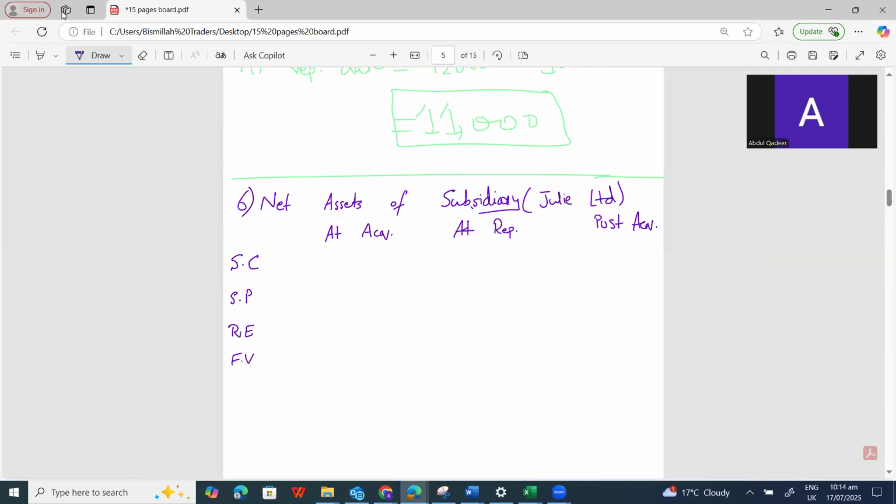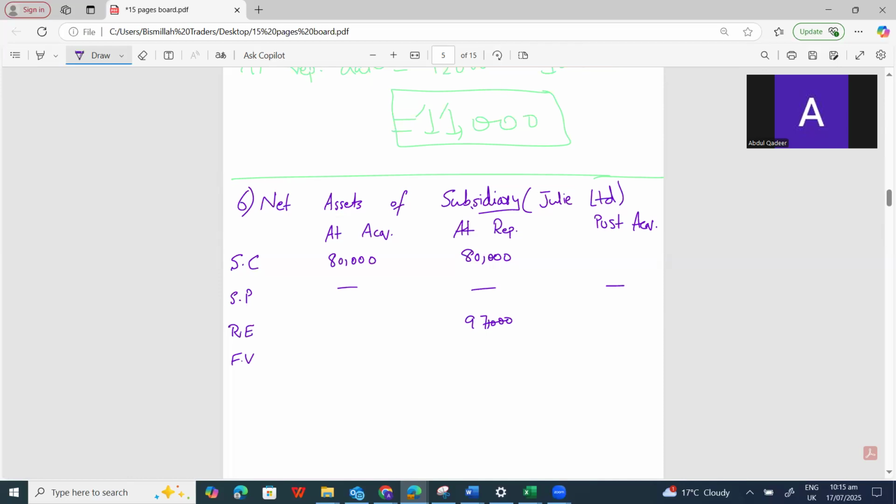Okay, at reporting date, share capital is 80,000, share premium none, and retained earning 97,000. There was no change in the share capital during the year because no new shares have been issued. So we will assume that it's the same at acquisition.